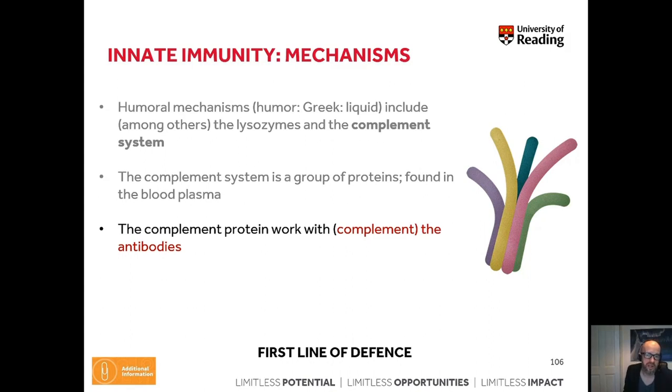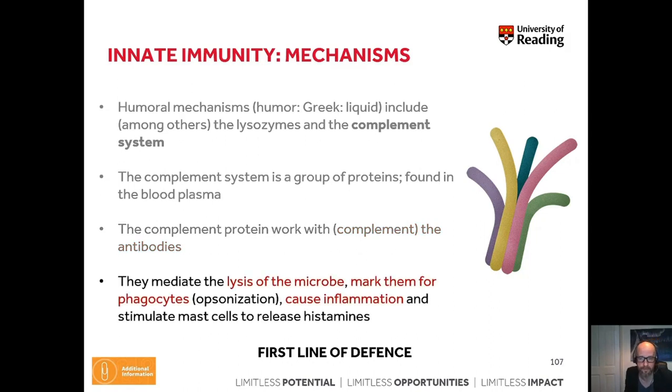The complement proteins work with antibodies, so they sort of cross-couple the innate and the adaptive immune system. They complement the action of the antibodies. They mediate the lysis of the microbes and mark them for phagocytes, cause inflammation, and also stimulate mast cells to release histamines.